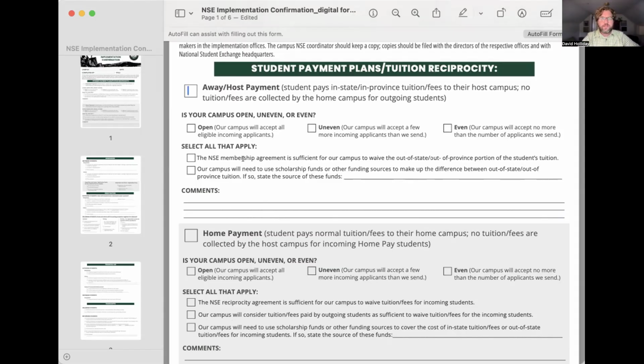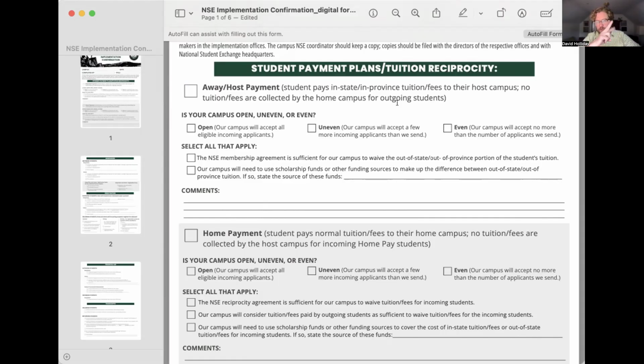So, one thing that's really important when it comes to making this particular decision is regarding tuition waivers and things like that. Some of our campuses are limited, either as a whole, not allowing incoming students to pay in-state tuition on away payment. That's why some campuses do not participate on this tuition payment plan. So again, having conversations with the appropriate folks on your campus is important.